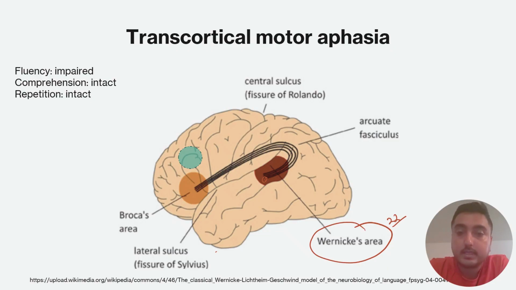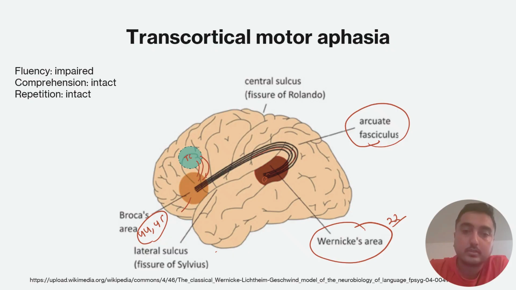Now this area communicates with Broca's area with the help of the arcuate fasciculus. Broca's area would be areas number 44 and 45. At the same time, Broca's area will also receive inputs from this, I would call it TCM, the transcortical motor area, and then the speech would be produced.